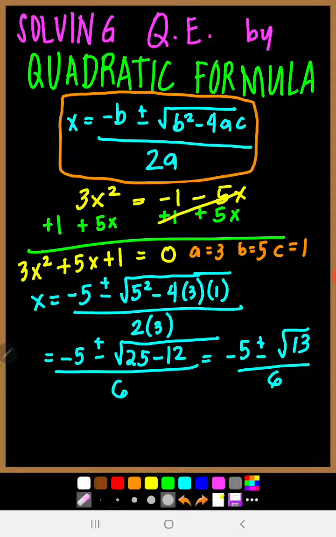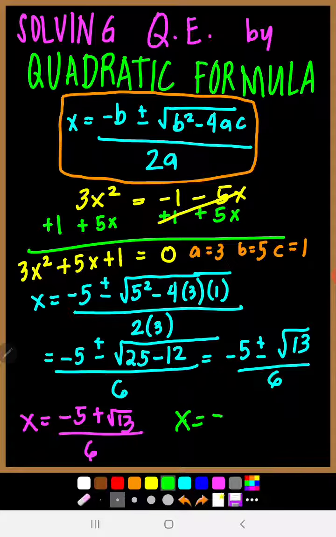Now we can have the two equations. First, x equals negative 5 plus the square root of 13 over 6. The other equation will be x equals negative 5 minus the square root of 13 over 6.